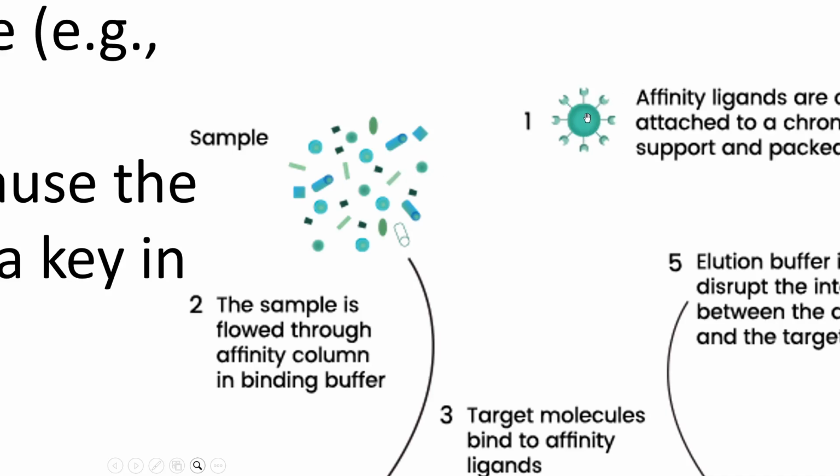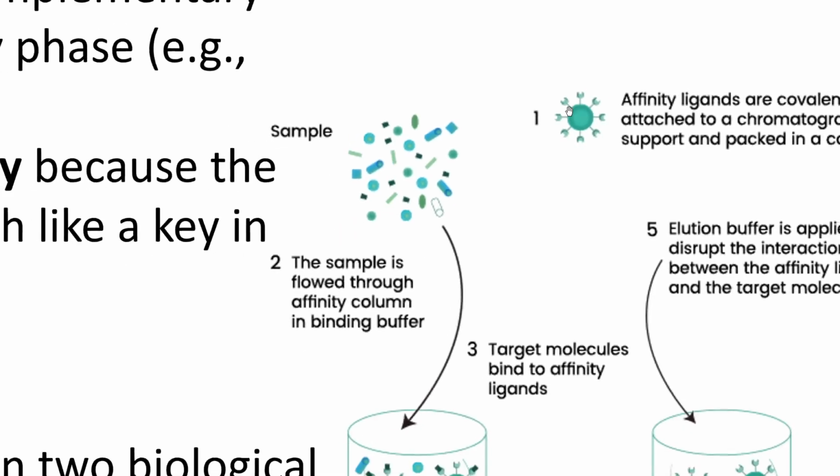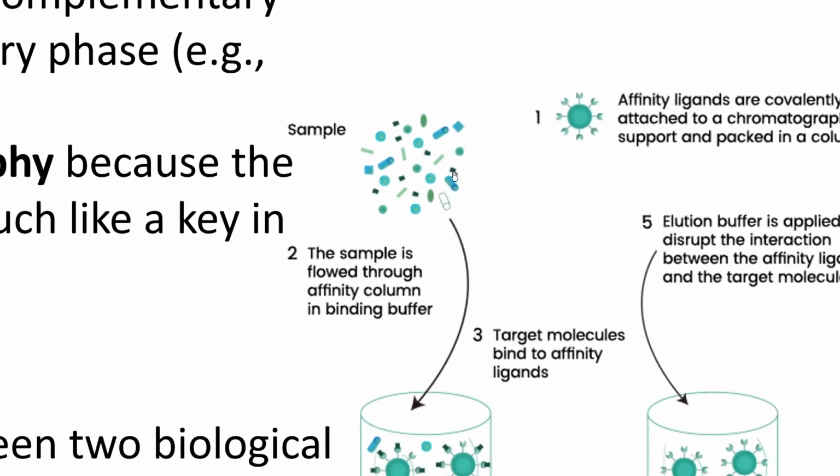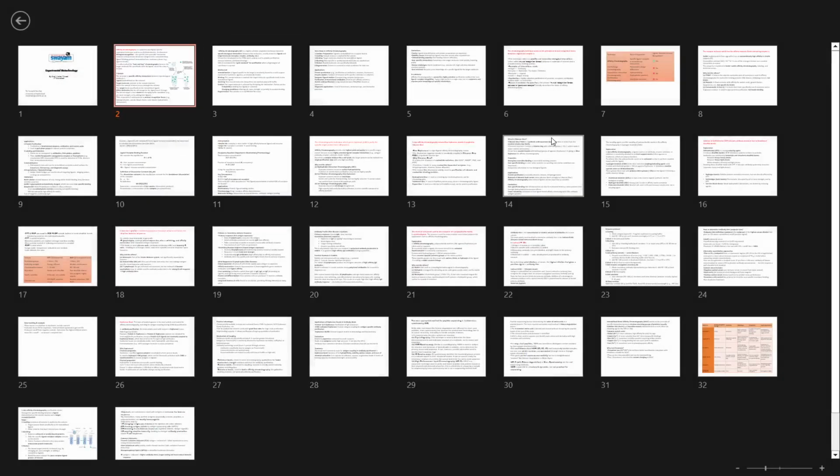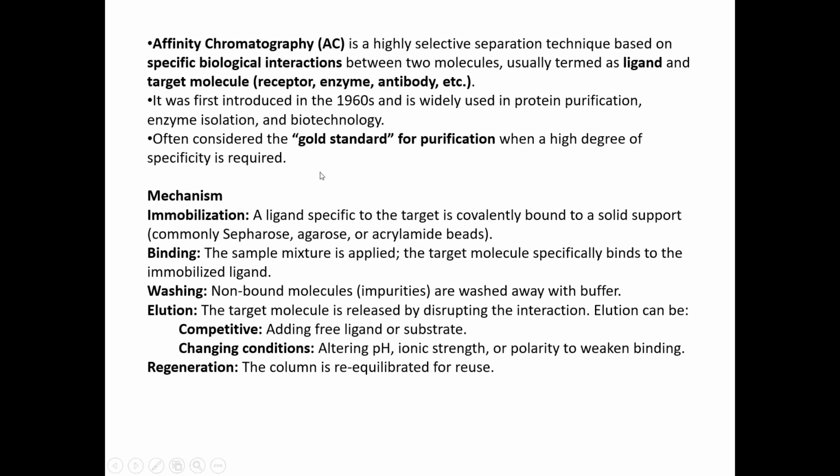The common materials used for making beads are agarose, sepharose, and sephacryl, and then they are tagged with your ligand of interest. That is the reason you can use specific ligands for any specific biomolecule of interest, because all these beads can be attached to different types of ligands. So that is your immobilized or stationary phase, which has your beads attached to your ligand.